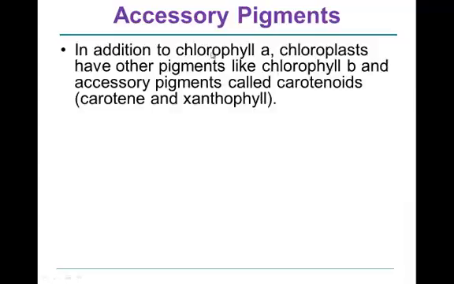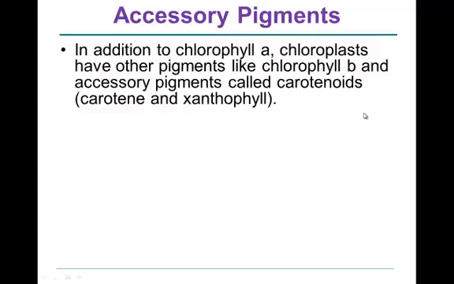In addition to chlorophyll A, chloroplasts have other pigments like chlorophyll B and accessory pigments that are called carotenoids, I mentioned before, and two types of carotenoids, which is a category. Specific pigments are carotene, which is orangey color, and xanthophyll, which is yellow. Xantho actually means yellow and phyll means leaf. Like chlorophyll means green leaf, xanthophyll means yellow leaf.